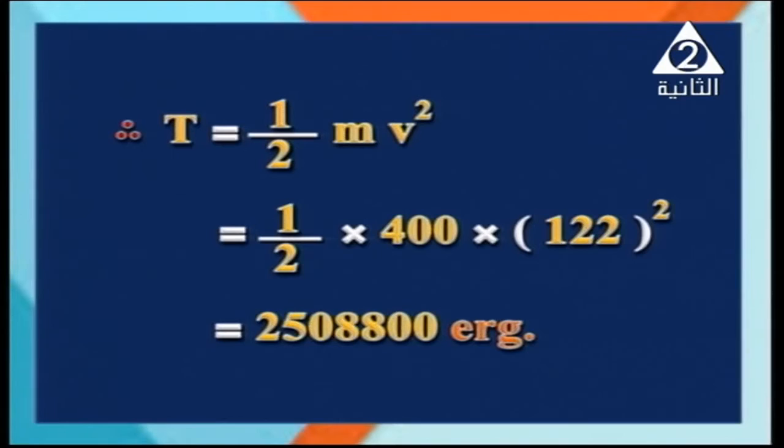What is the velocity? Velocity equals 112. By using the rule T equals half mv squared, the answer is 2,508,800 erg.